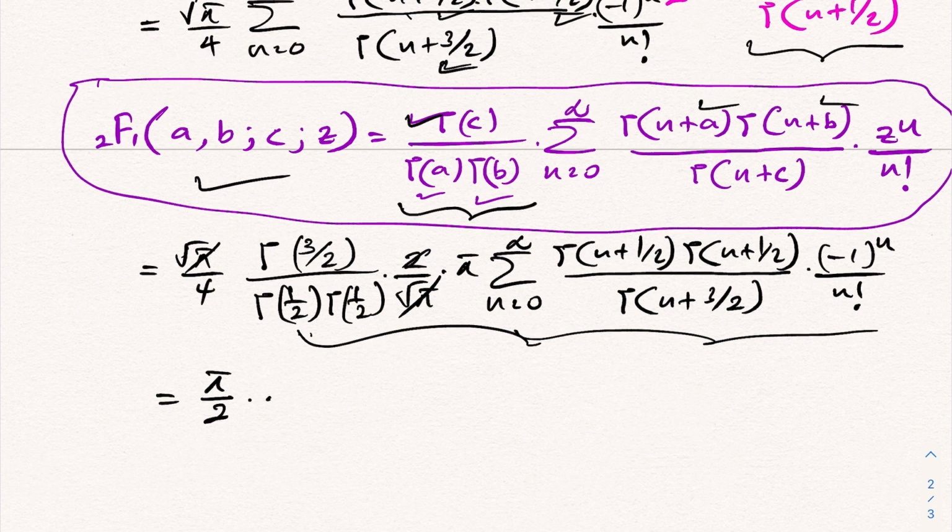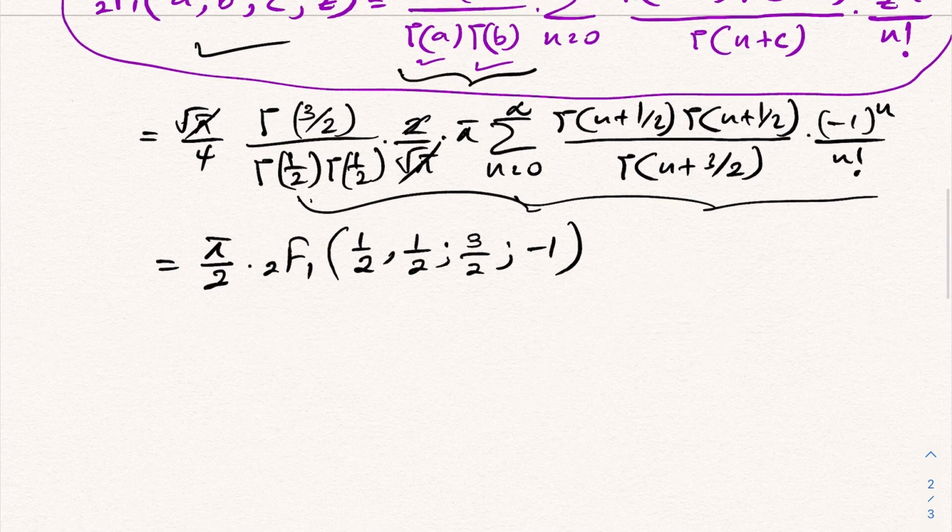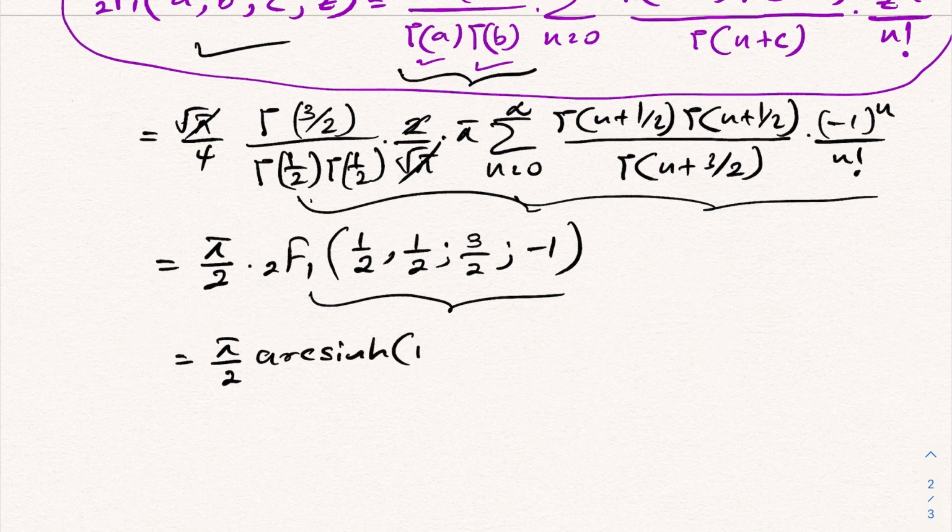So we have here 2F1, A we know 1/2, comma again B we know 1/2, then semicolon, C we know 3 over 2, again semicolon, and the argument we know is minus 1. Okay, now this is the general hypergeometric representation of the inverse hyperbolic sine of 1. So we have pi over 2 times the inverse hyperbolic sine of 1. Okay, this is the answer for this integral.